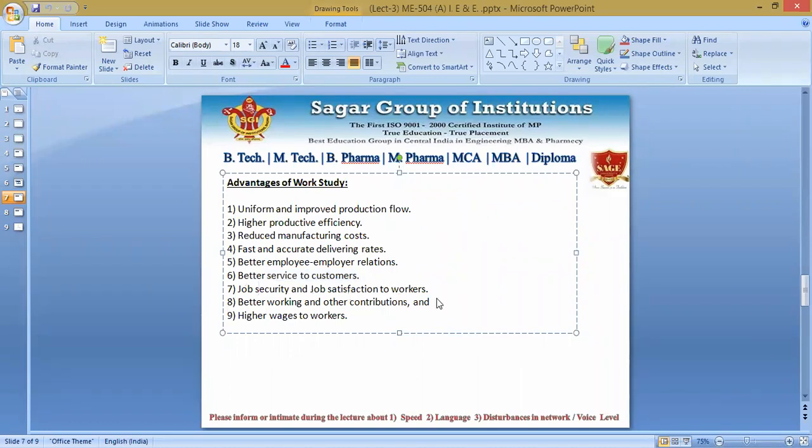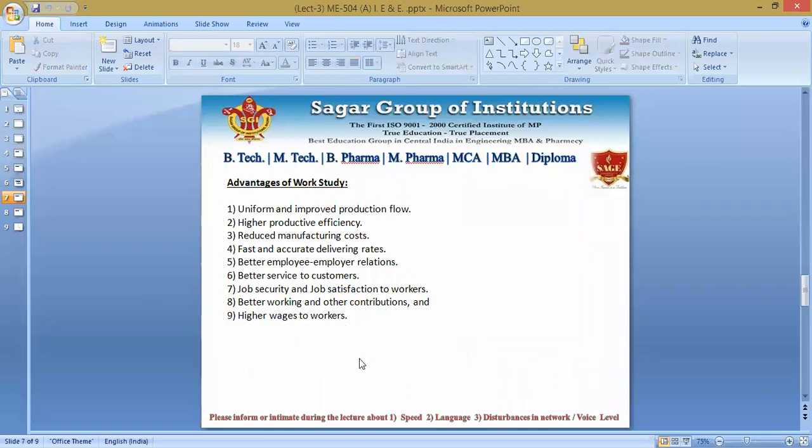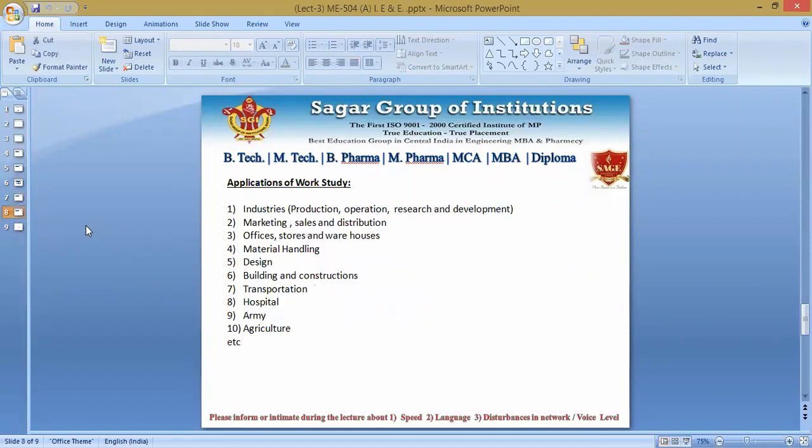Then comes job satisfaction and security also. Automatically, if relations are healthy, job security and satisfaction will go on increasing, and then better working and other contributions will come, and automatically higher wages to the workers would be the final result.